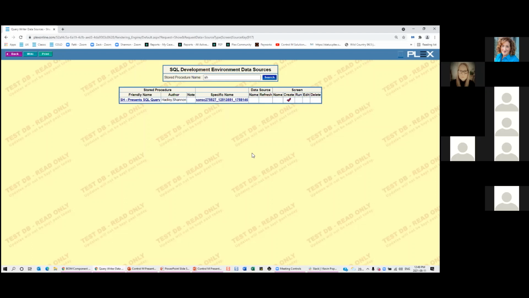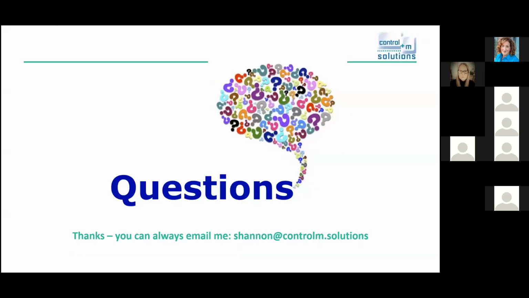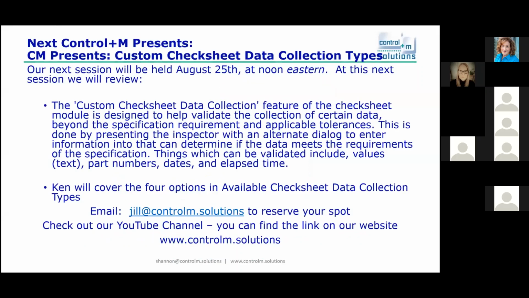Perfect. Any further questions as we wrap up this session? Just a heads up for everyone, the content in 2 weeks will be quality focused. Kim Keller is going to be with us, and we're going to go through what Plex refers to as custom check sheet data collection. There's a special feature within quality for when we want to validate that certain things are provided, such as text, part numbers, Julian dates, and elapsed time.